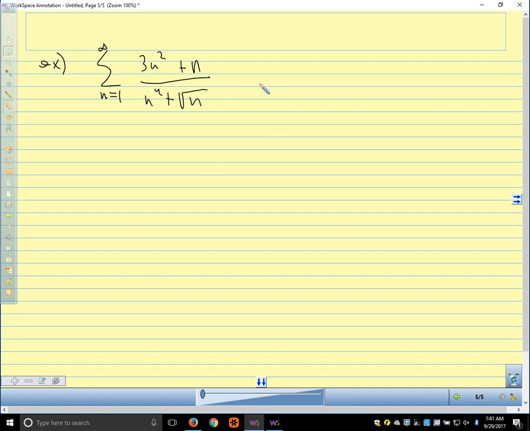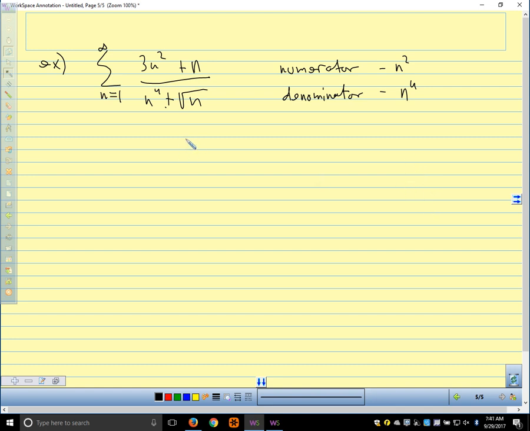So the highest power in the numerator, the magnitude of the numerator, is n squared. The magnitude of the denominator is n to the fourth.